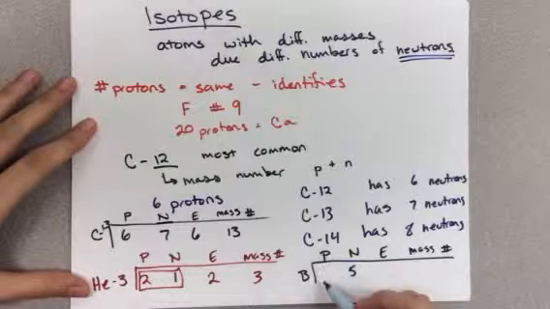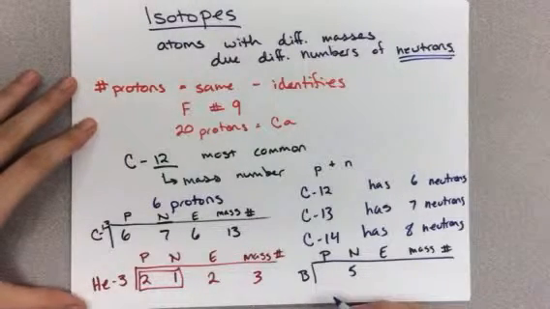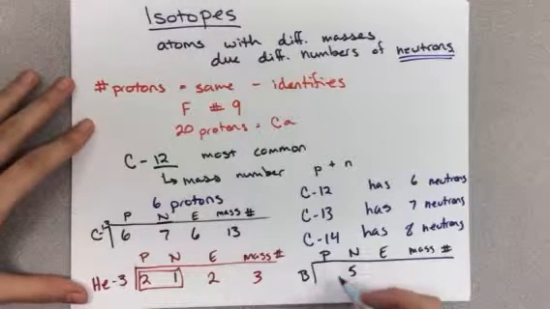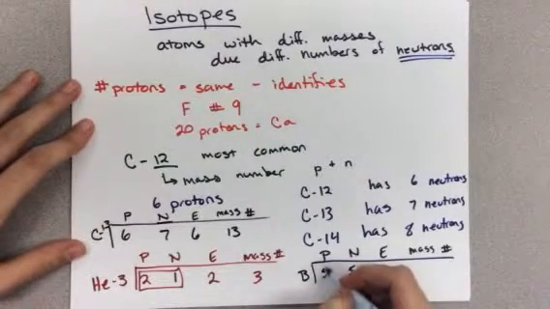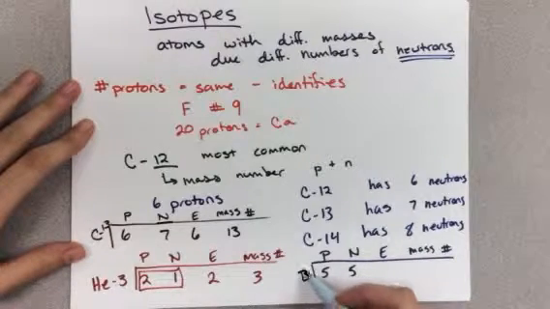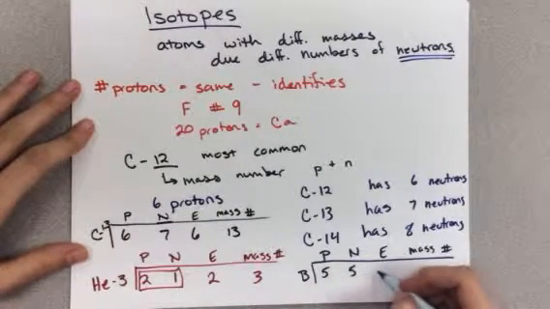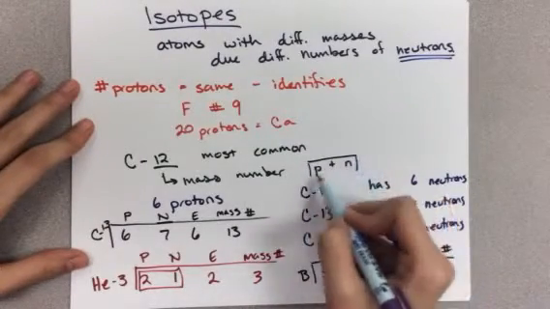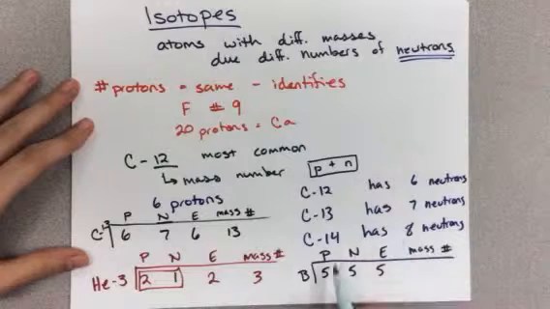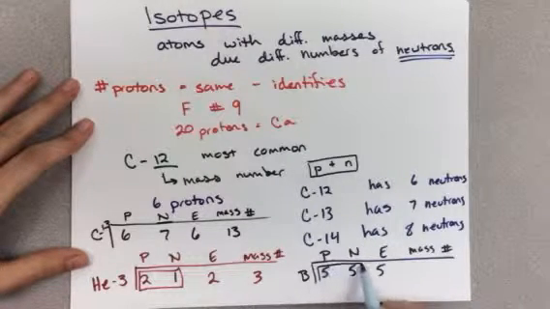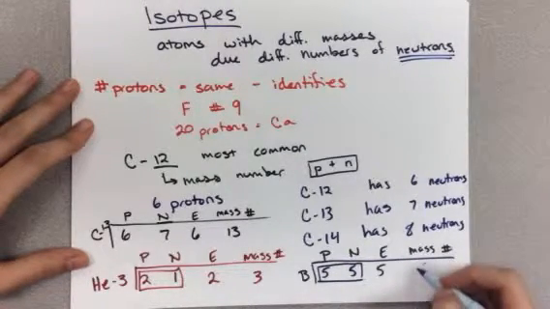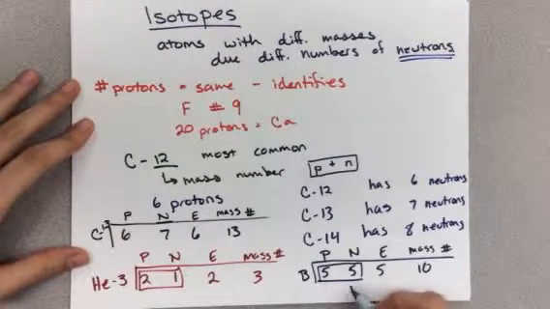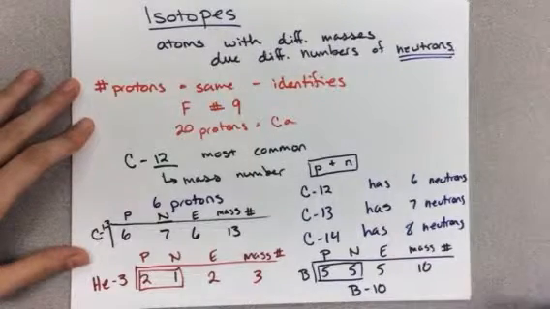Keep in mind, protons are always found on the periodic table. This is the atomic number. Boron's atomic number is 5. That means it has 5 protons. And it is a neutral atom, therefore it also has 5 electrons. Keep in mind, to calculate the mass number, you do protons plus neutrons. So here's your protons plus neutrons. That means your mass number must be 10. And if I asked you, what is this isotope, it would be boron 10.